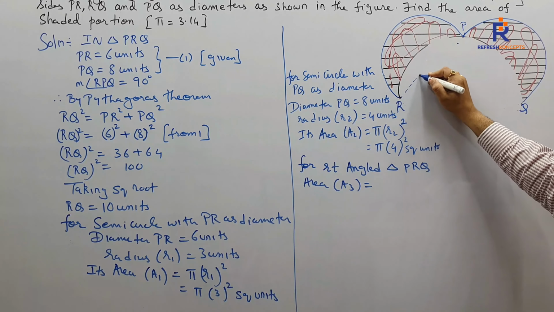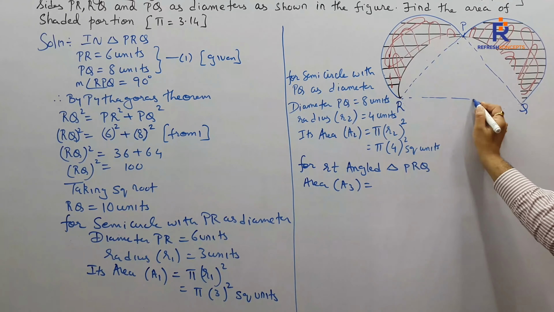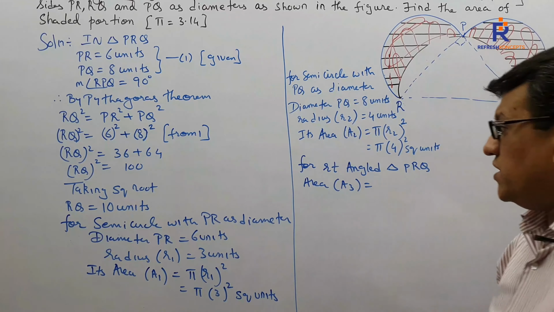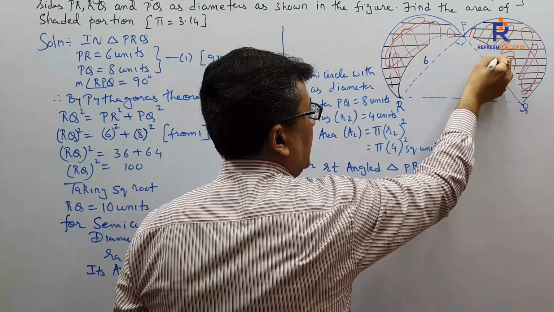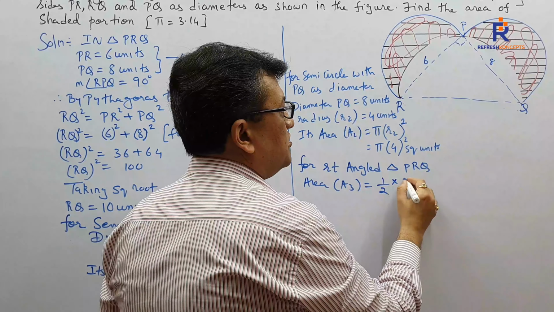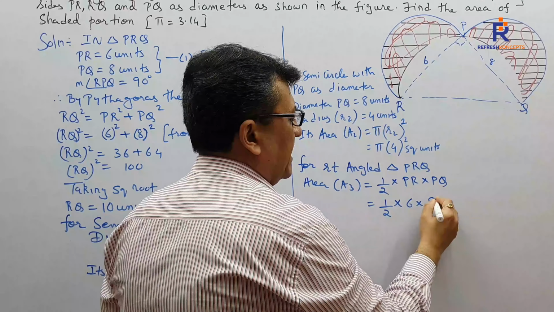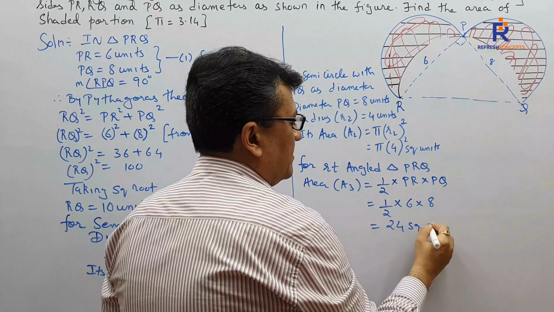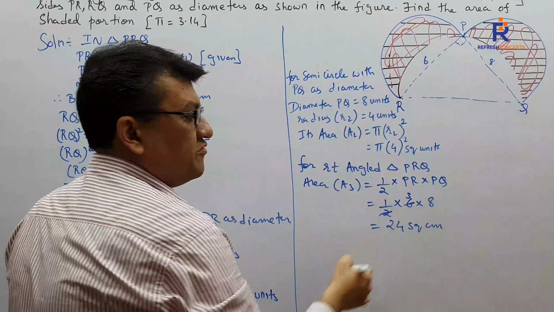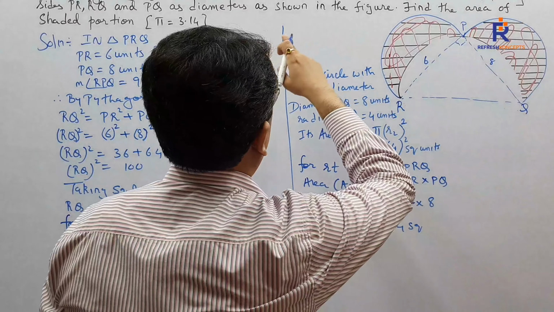This is what I'm drawing via dotted line for you to understand what our figure was, and then this is a semicircle. So A3, this is 6, this is 8. So it is half into PR into PQ, half into 6 into 8. Answer is 24 square units. I'm sorry, it's units, not given to us as centimeter.